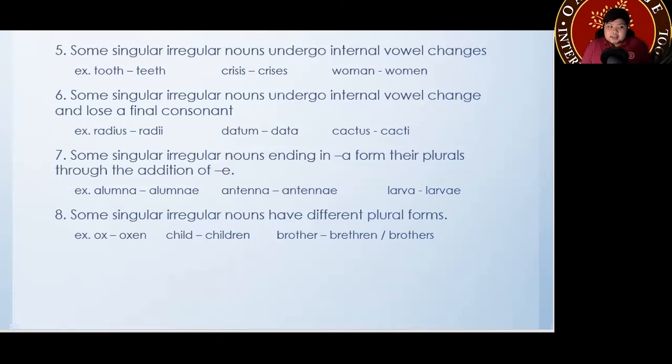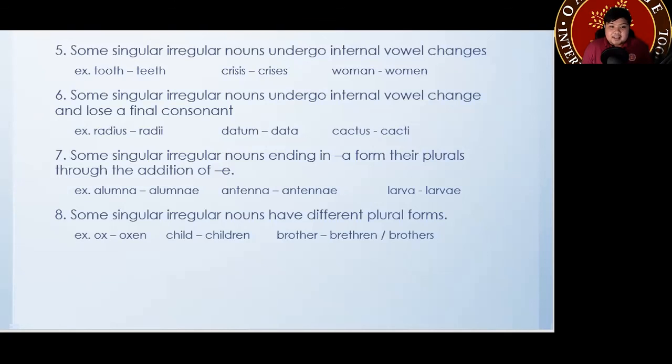Radius, for those of you who did not study yet in math, would be the distance from the edge of the circle to the middle of the circle. That's the radius. Datum, the plural of datum is data, right? Cactus, the plural of cactus is cacti.